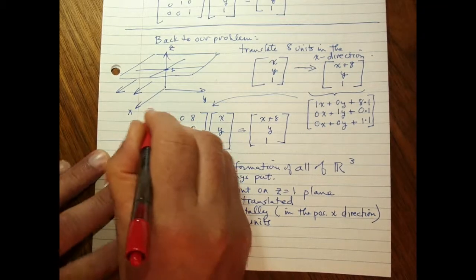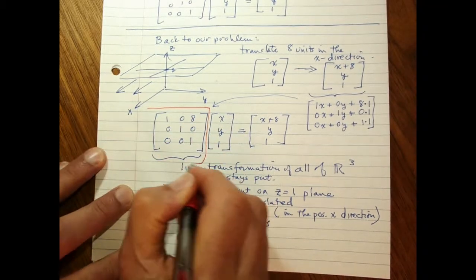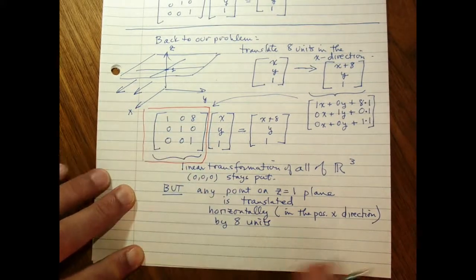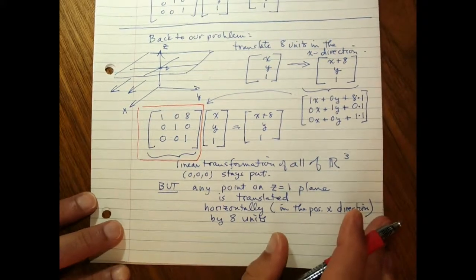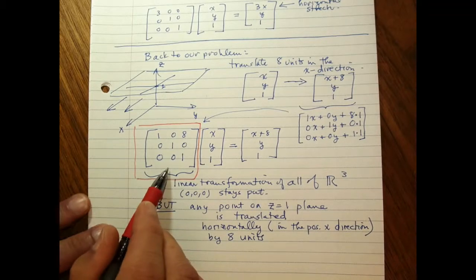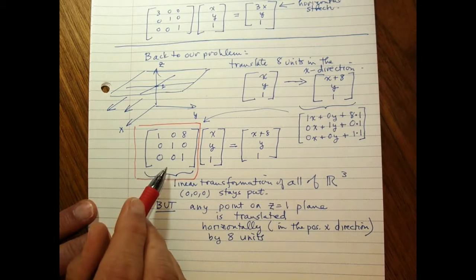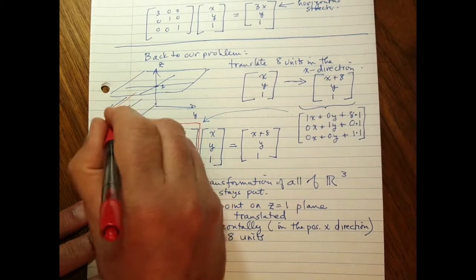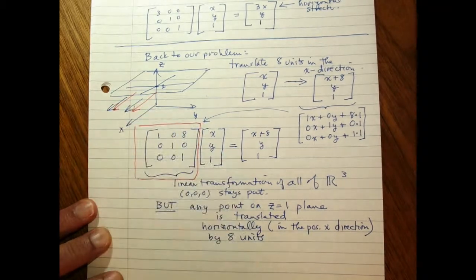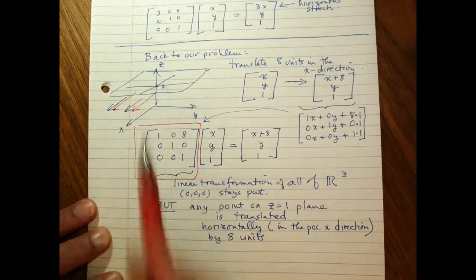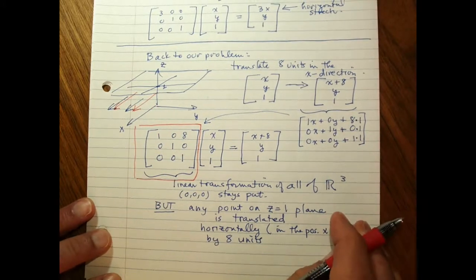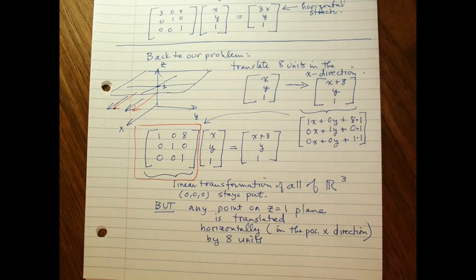So what we've found is this 3 by 3 matrix that describes this transformation. It's a matrix of a linear transformation in R3 that's describing this horizontal translation of the copy of R2 sitting in R3. So I'm going to stop this part of the video. We're going to move on in our next segment of this lecture and talk about rotations.